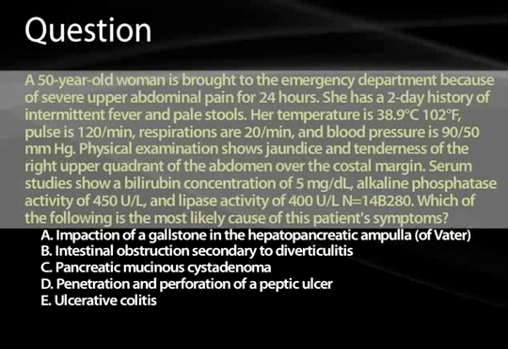Physical examination shows jaundice and tenderness of the right upper quadrant of the abdomen over the costal margin. Serum studies show a bilirubin concentration of 5 milligrams per deciliter, alkaline phosphatase activity of 450 per liter, and lipase activity of 400 units per liter. Which of the following is most likely the cause of this patient's symptoms?